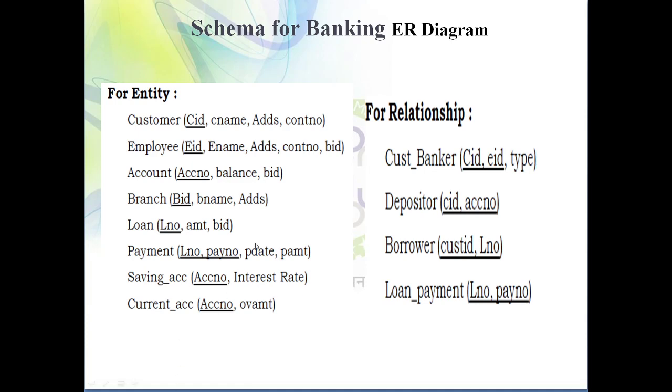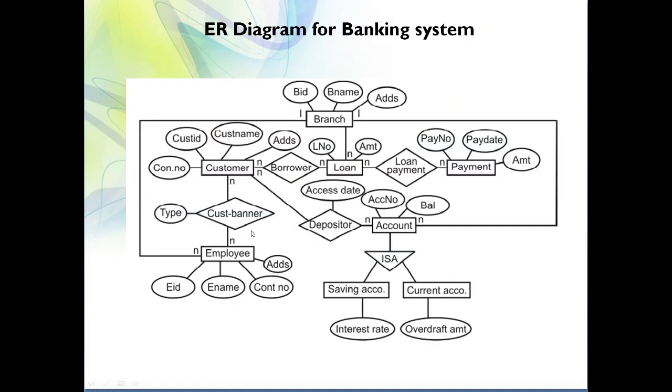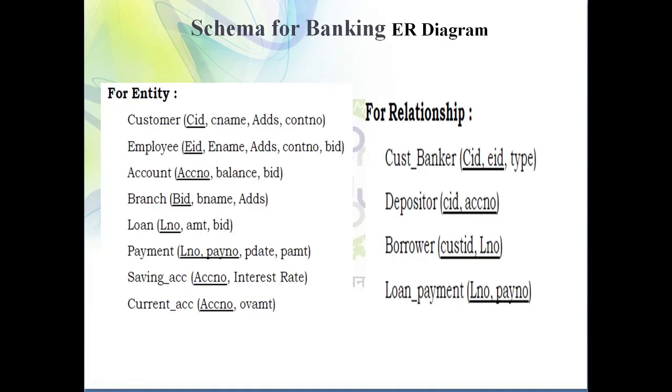Okay, now between customer and employee, what kind of relationship exists? Many to many. So this is a third table that we are going to create between customer and banker. What is the primary key? The combination of customer ID and employee ID is considered as the primary key, because this is a third table.